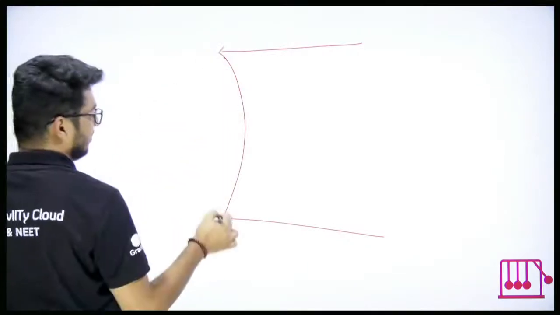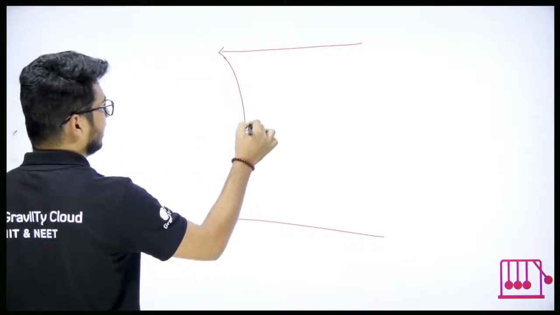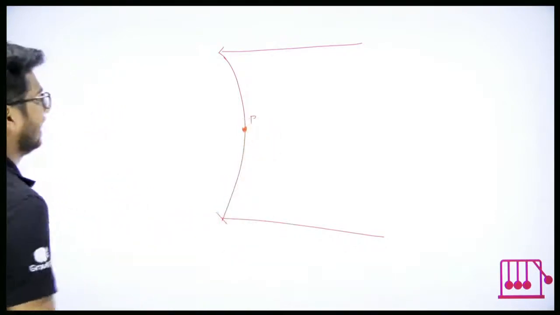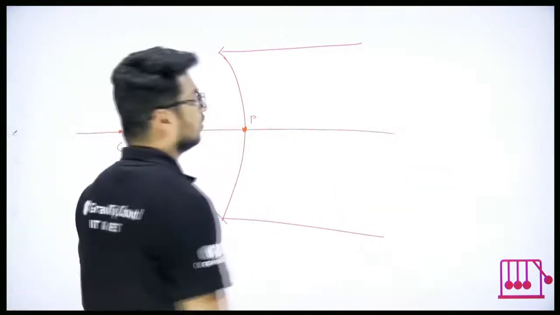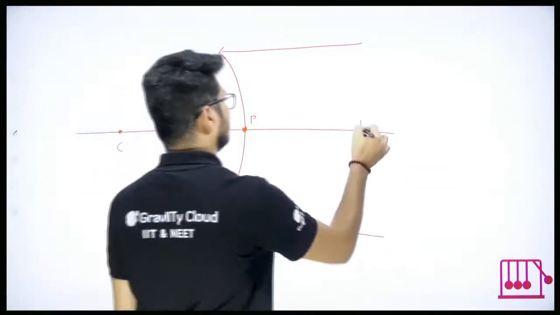Good. Now let's say I just have a refracting curved surface. For this curved surface, there will be a geometric center, which we'll call pole P. The line passing through the center of curvature and pole is the principal axis. Very simple.